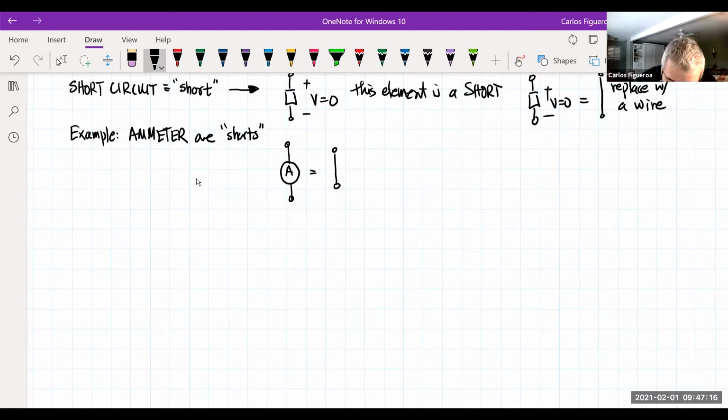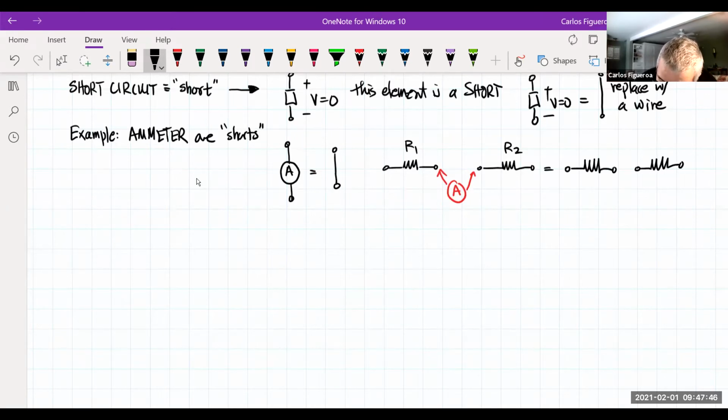So when you're looking at a resistor, if I have 2 resistors and we want to open up the circuit to measure the current between these resistors, what you're doing is inserting an ammeter. And when you do that, it's physically equivalent to doing this, like that. That's what an ammeter does.